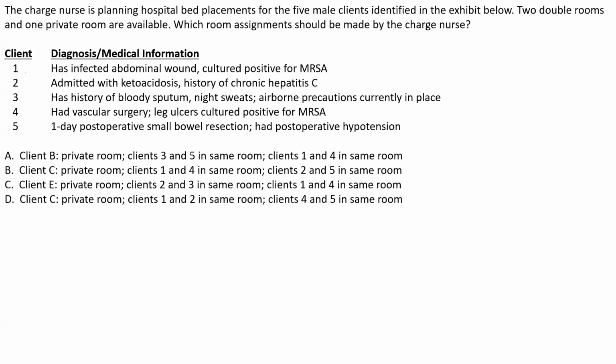Sometimes people think that Hep C requires isolation precautions. No, the transmission of Hep C occurs mainly by contact with blood, and any disease that is transmitted through the blood requires only standard precautions.